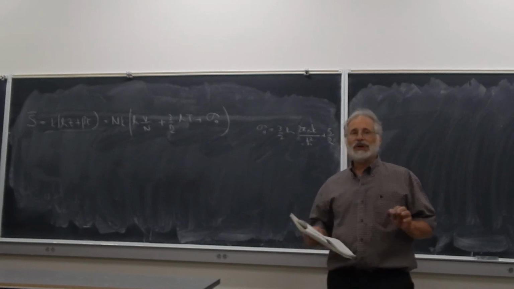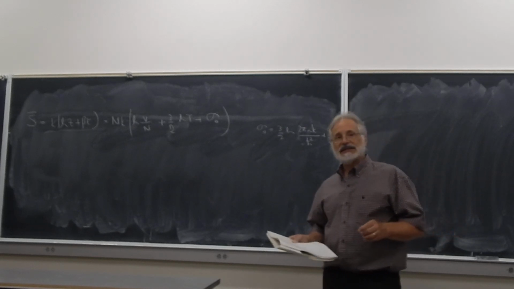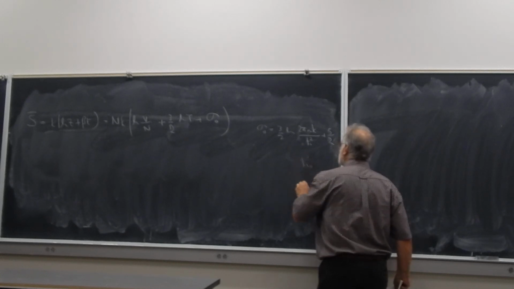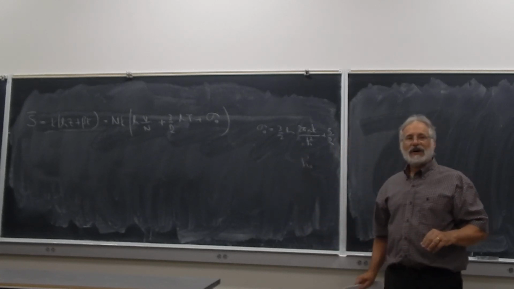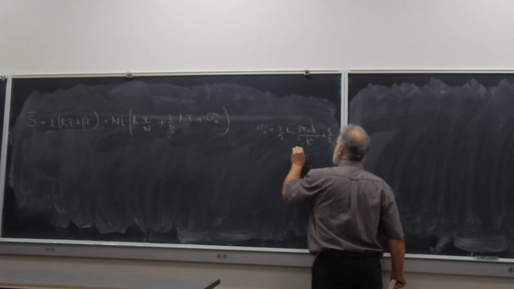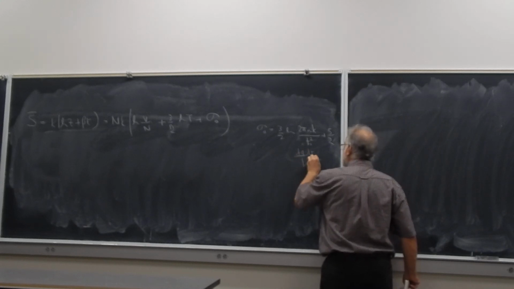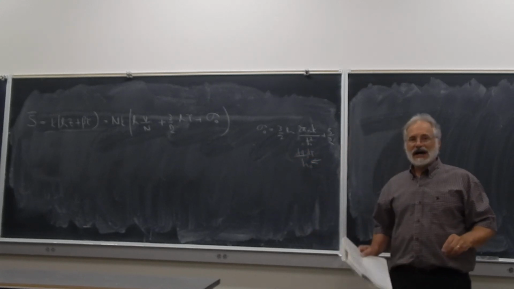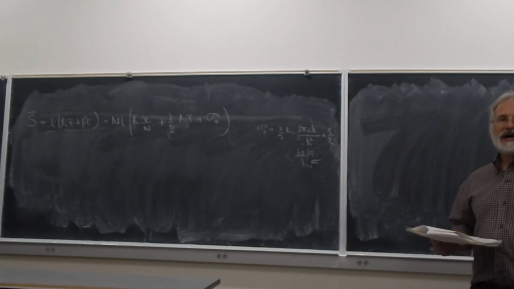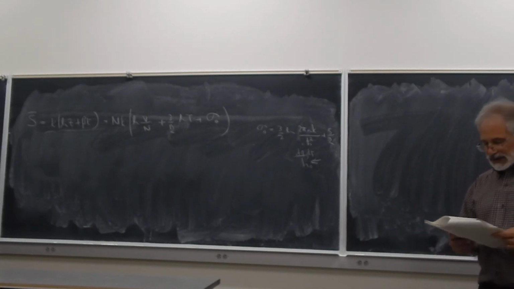You remember when we did the classical statistics earlier, we used an h naught cubed as part of our element for coordinates and momenta. Now we know what that is. That's Planck's constant. We didn't know that earlier on. There was no Planck's constant in classical physics, of course.